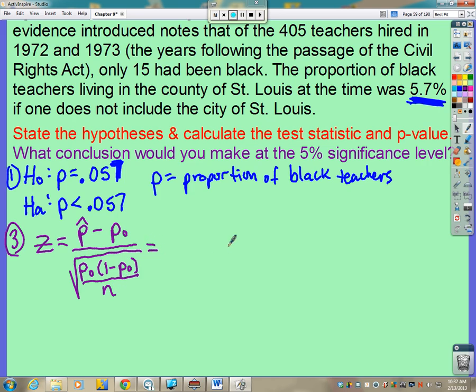So let's talk about what these values really are. p hat is from our sample. Our sample said that 15 out of 405 teachers had been black. Well, there's our p hat value. So p hat is 15 out of 405. And let's just talk about what that number is as a decimal here.